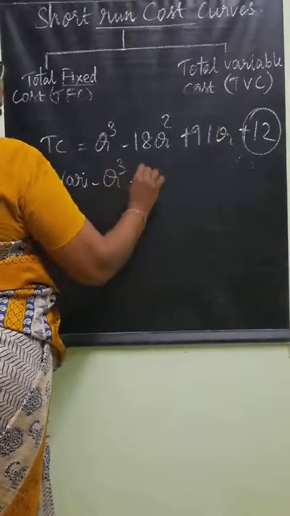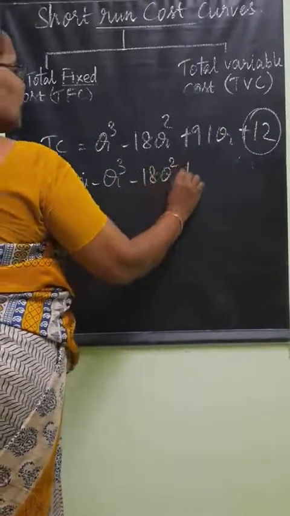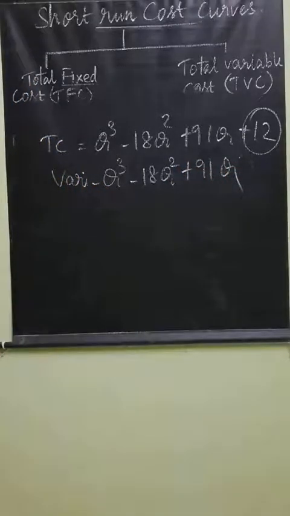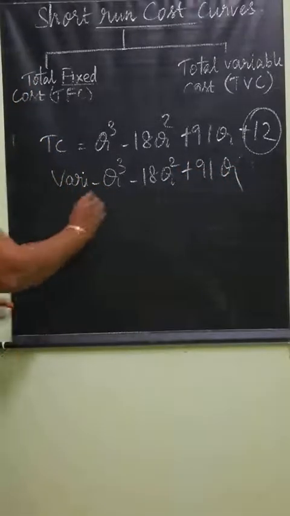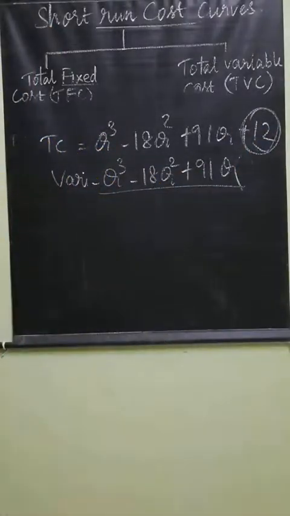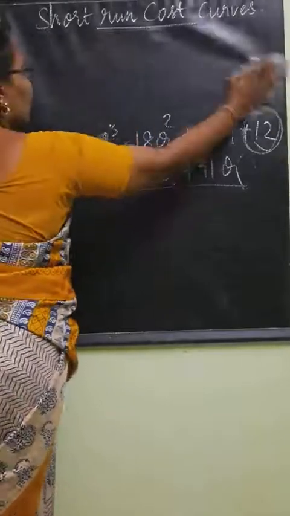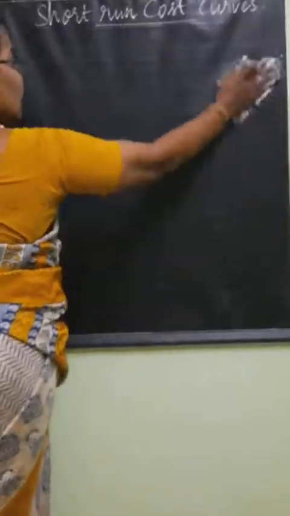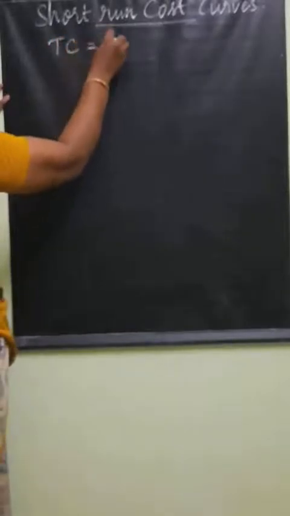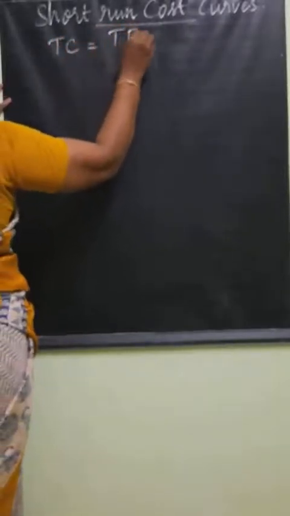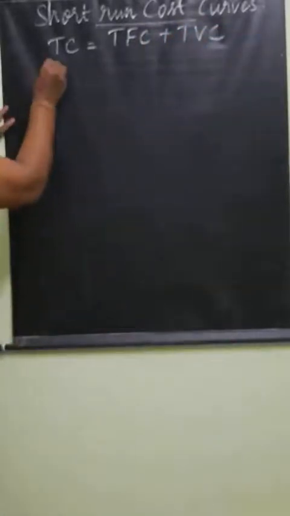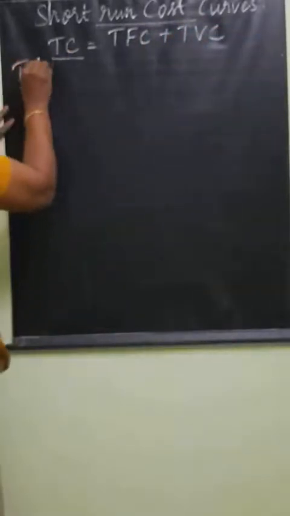So Q cubed minus 18Q squared plus 91Q is the variable cost. So this is variable cost, this is fixed cost. Okay. Now we are going to see the total cost curve. I already told you total cost means total fixed cost plus total variable cost. So the total cost curve we are going to see now.